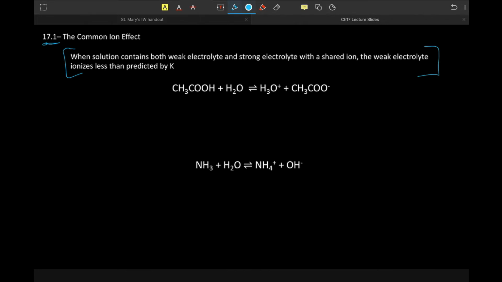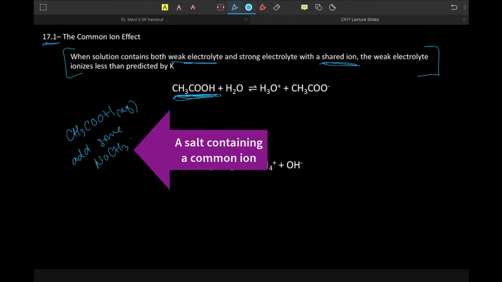When a solution contains both a weak electrolyte and a strong electrolyte with a shared ion, the weak electrolyte ionizes less than predicted by Ka. That's like saying we took some acetic acid, and to that aqueous solution of acetic acid we added some sodium acetate.